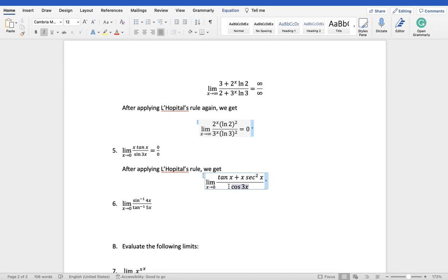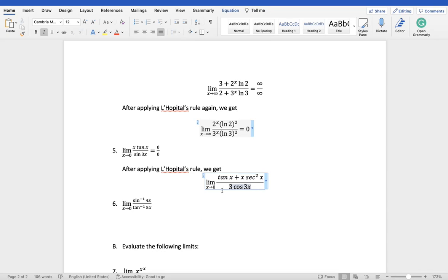Are you sure? Have a look at it again. Is the derivative of sine of 3x equal to cos of 3x? It is 3 cos 3x.